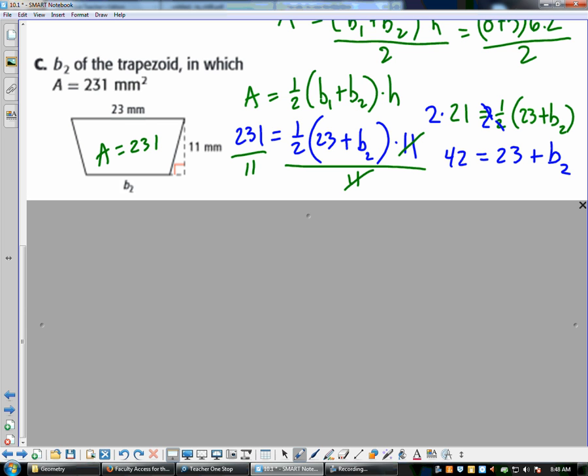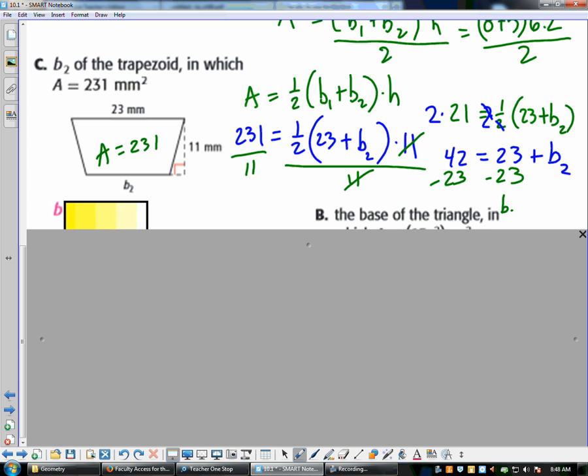So our last step in solving for B2 would be what? Stephen? Subtract 23. All right, subtracting 23, and we end up with what? 19, and what units are we talking about?